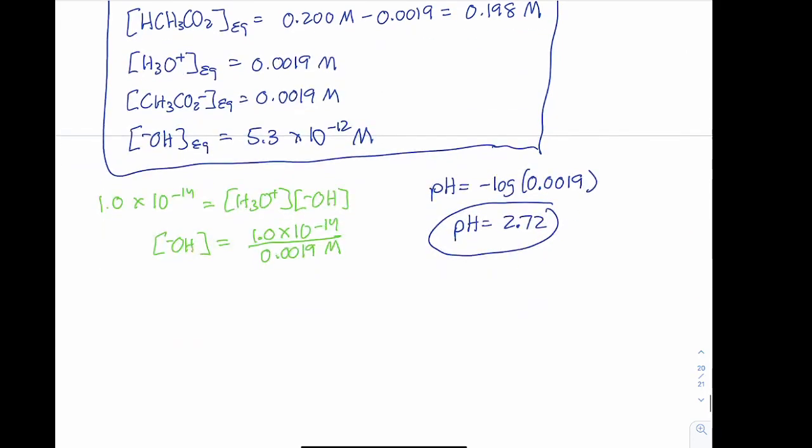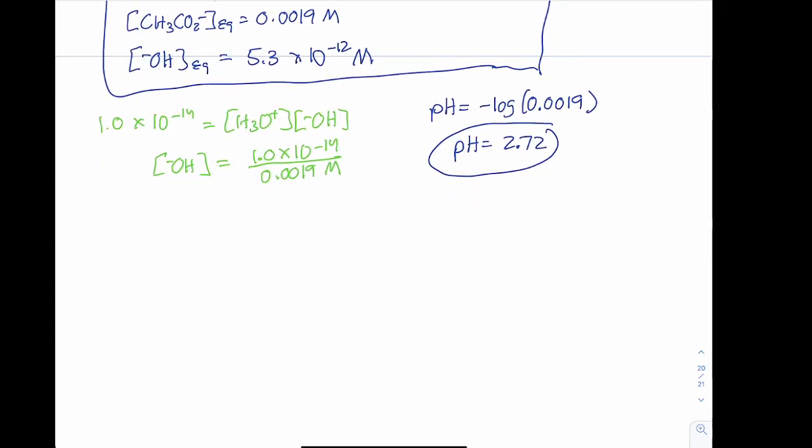We're going to do another example that's a little bit different, just kind of a twist on the idea. So for this one, we're going to actually be given the pH.